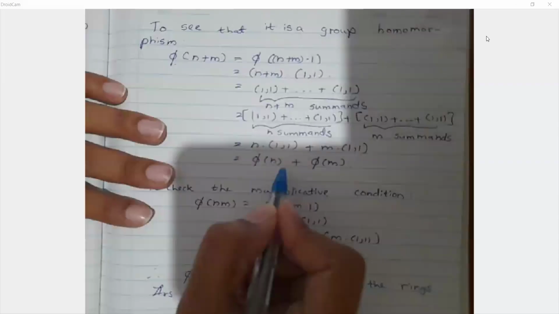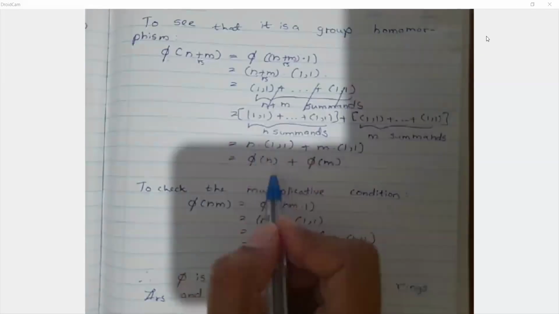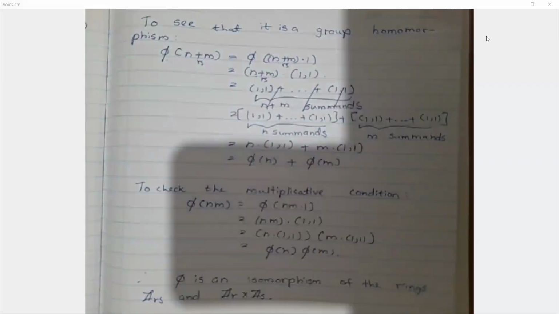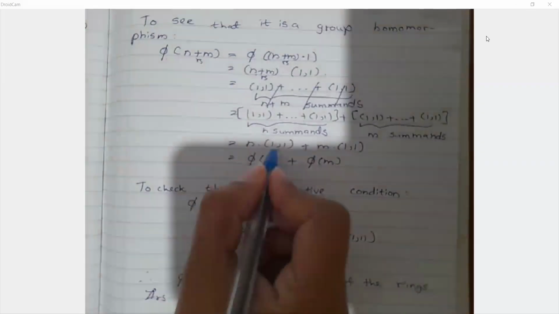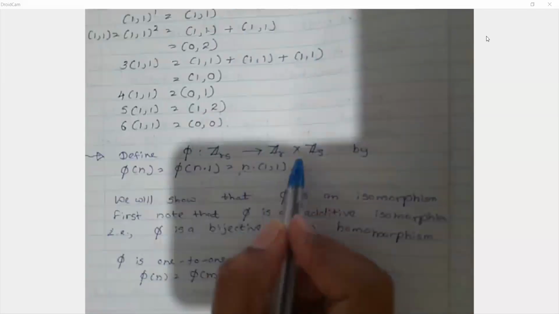We go on to look at phi of n and phi of m. I'll just scratch this part out, and this has to be addition modulo RS. So phi of n by definition is n times (1,1). What do we do in this case? We take the first component, add it n times, and divide by R, because it's a direct product Z_R cross Z_S.